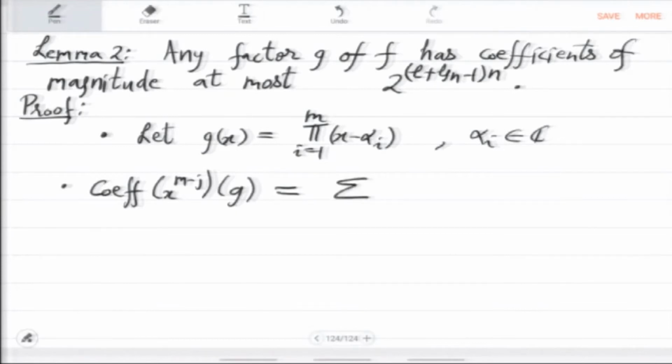So basically pick a subset S of size j out of 1 to m, and then multiply these alphas.